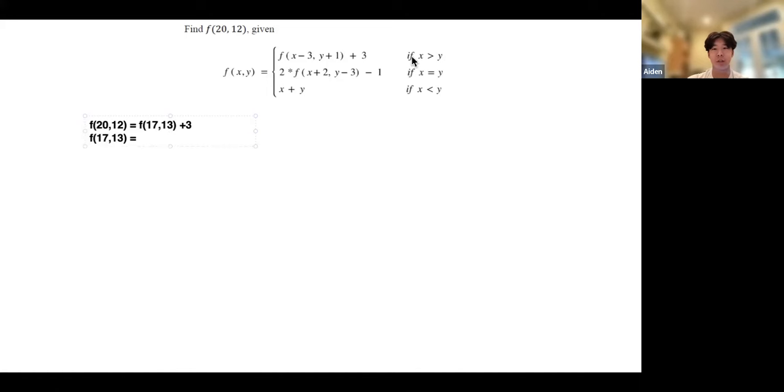And this still fulfills the first requirement since 17 is greater than 13. So once again, we'll stick with the first equation. So sorry, that's meant to be 14.